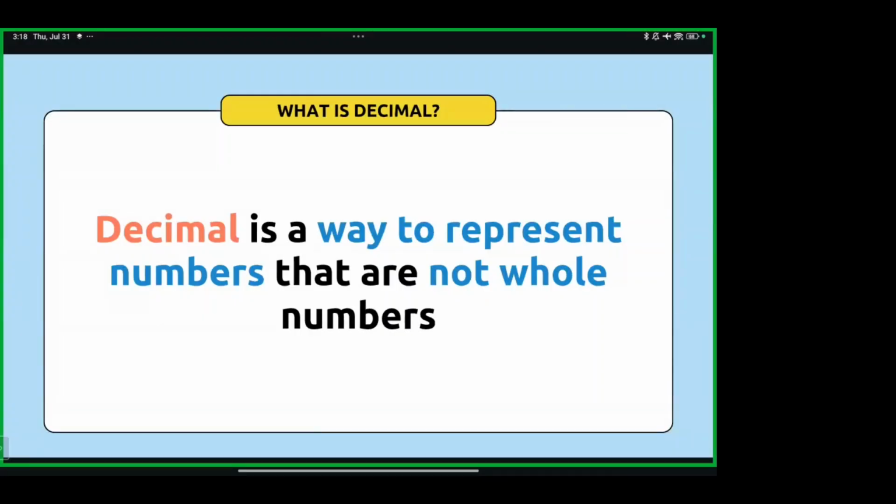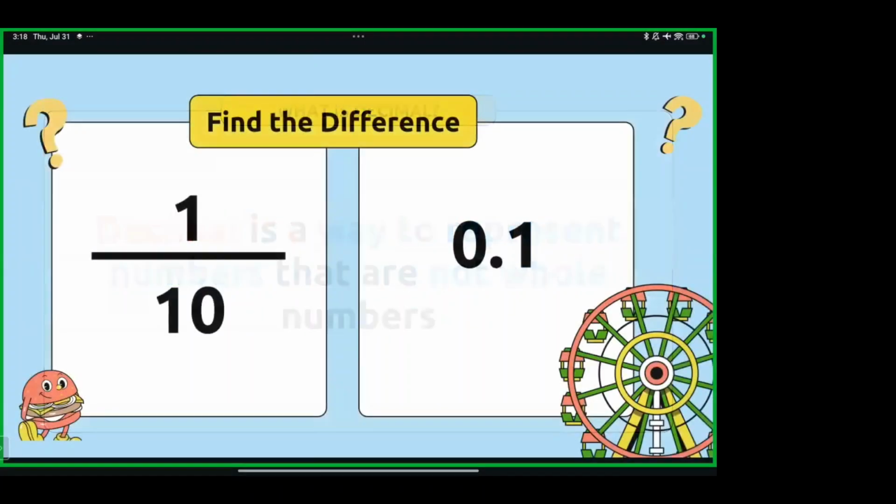Decimal is a way to represent numbers that are not whole numbers. Okay, cool. For example, 2.5, we call it a decimal number.